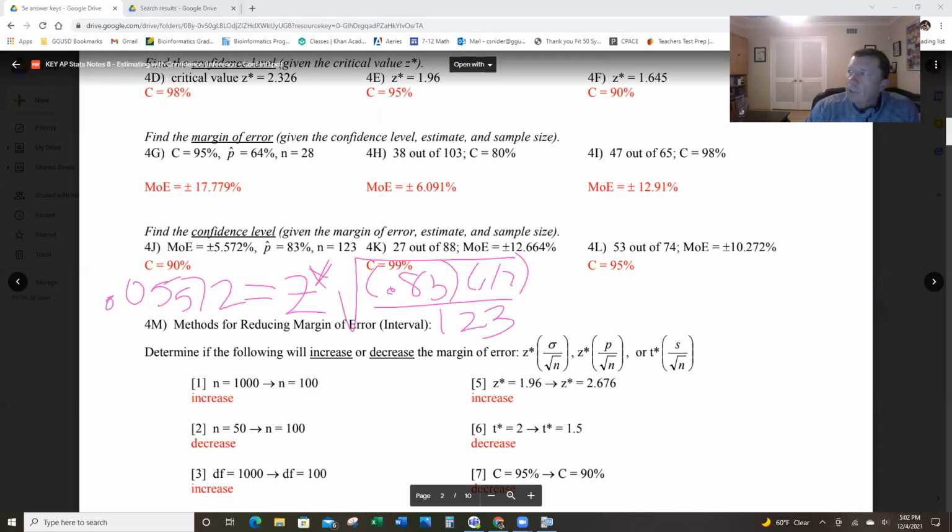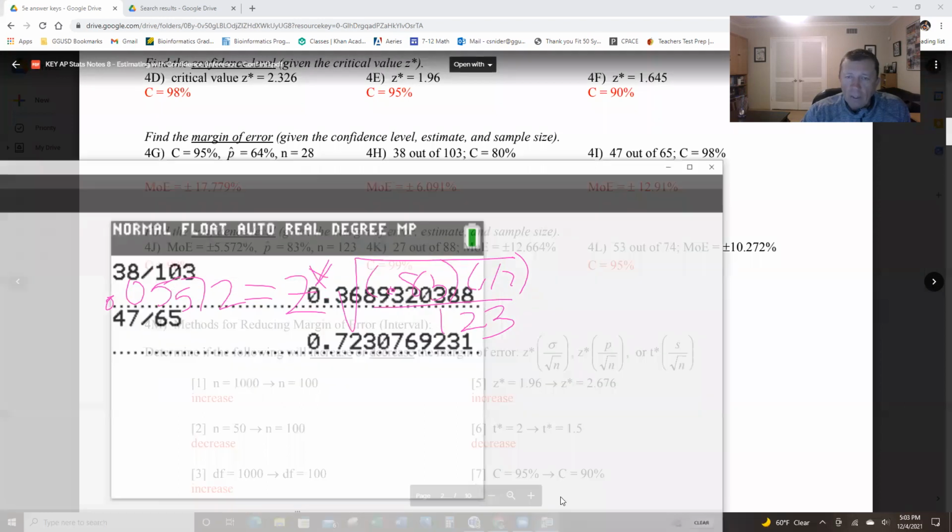So now I'm going to have to do some calculations here and find out what Z star is. The margin of error was about 5.5%, 0.05572, equals Z star, how many standard deviations, times the standard error. Let me bring the calculator up.